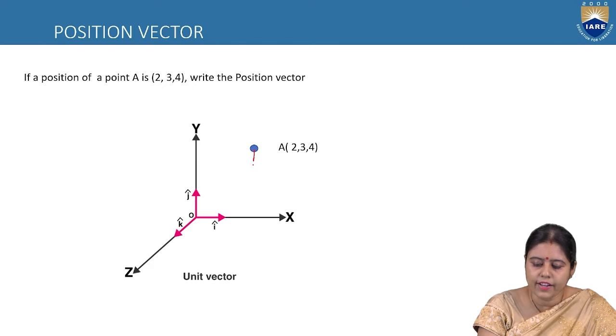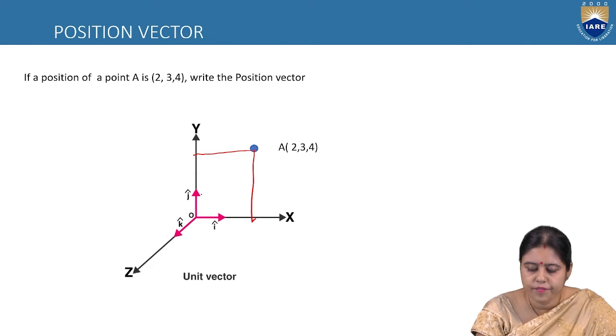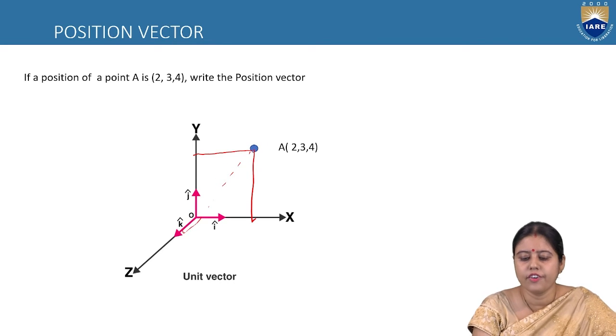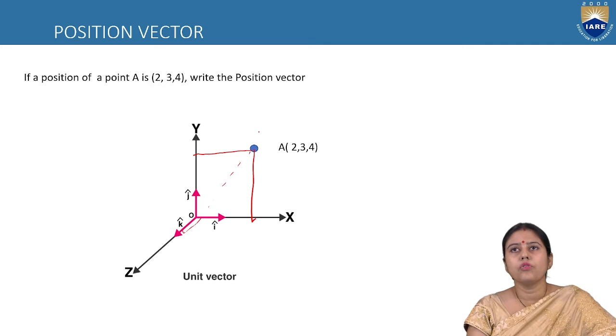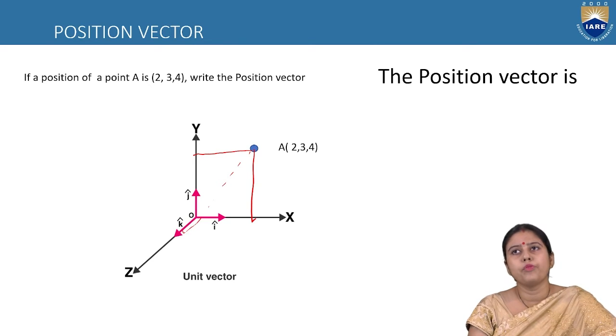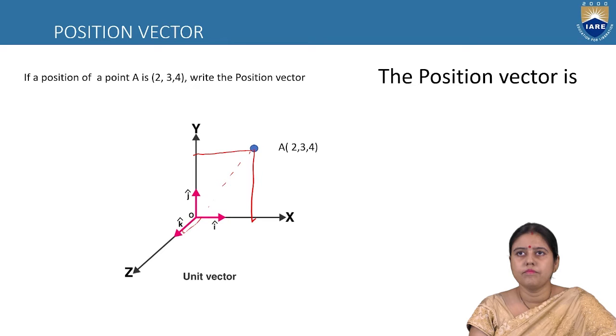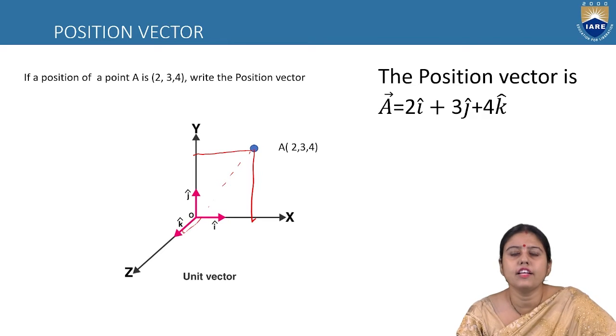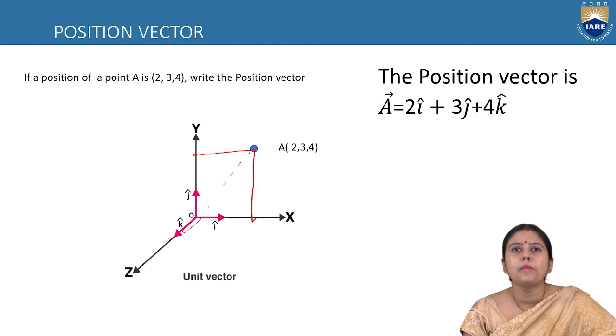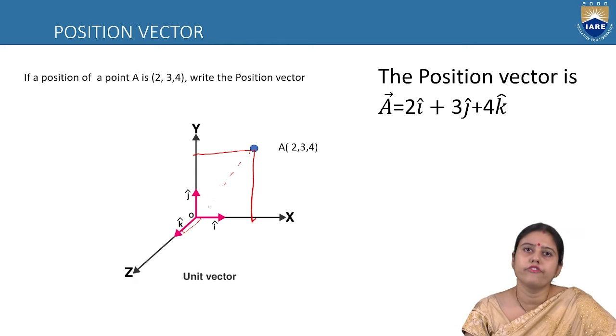Along the x-axis this is 2, this is 3, and this is 4. So, what will be the vector? The position vector, if we write in physics, is 2i plus 3j plus 4k.